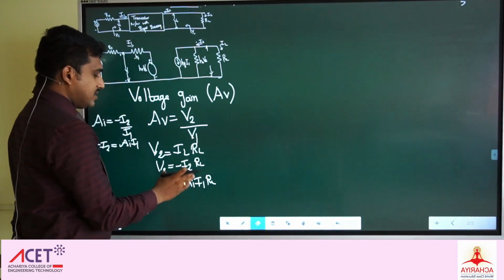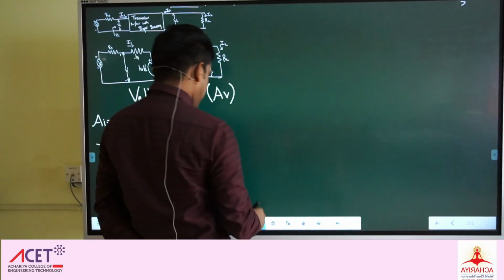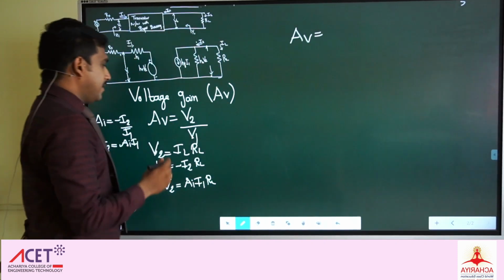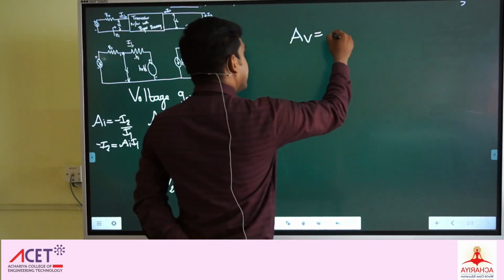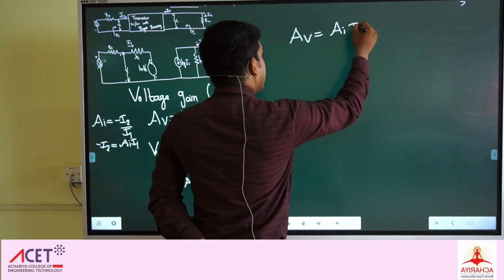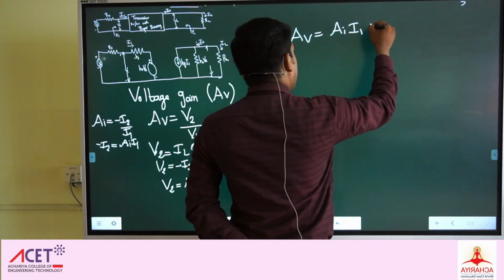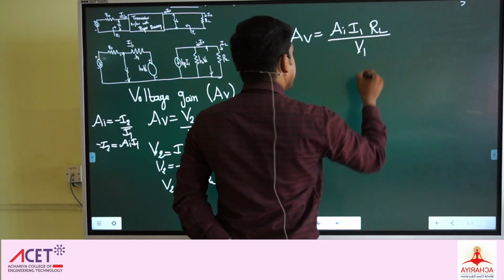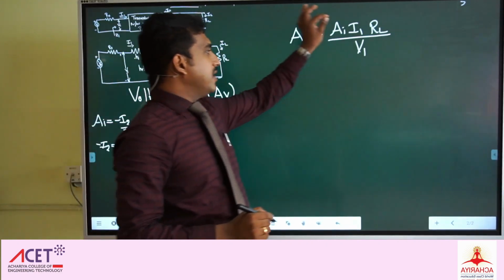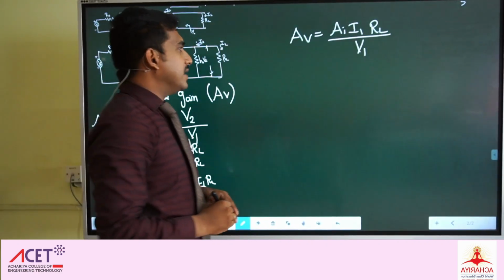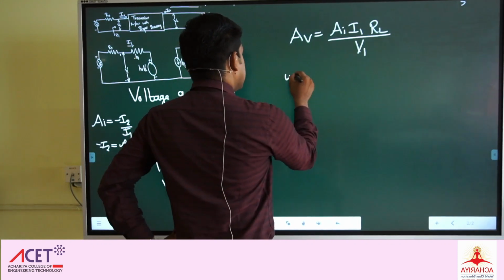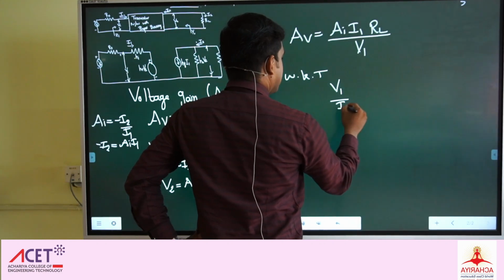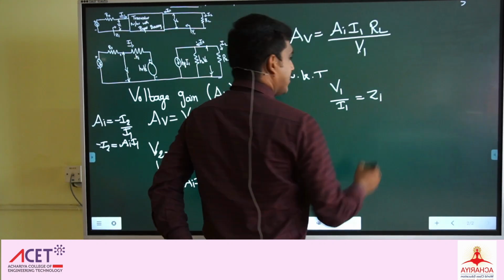Now we can substitute this V2 equation in the AV equation. AV, the voltage gain, is equal to AI I1 RL divided by V1. In this equation, what is I1 divided by V1? We know that V1 divided by I1 is equal to Zi, the input impedance we found in the previous part.